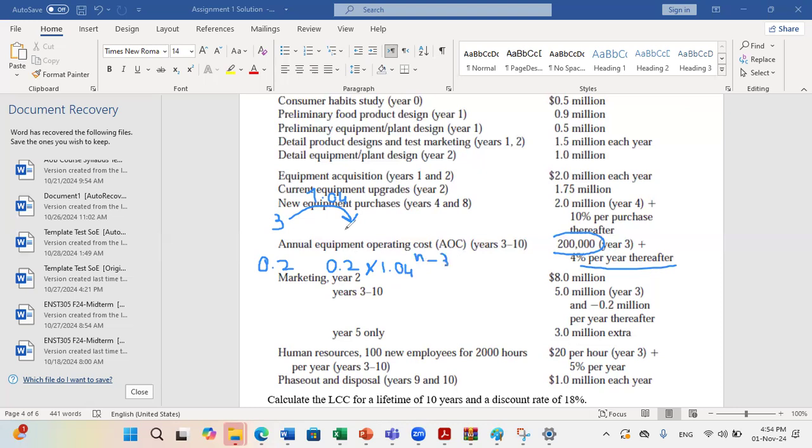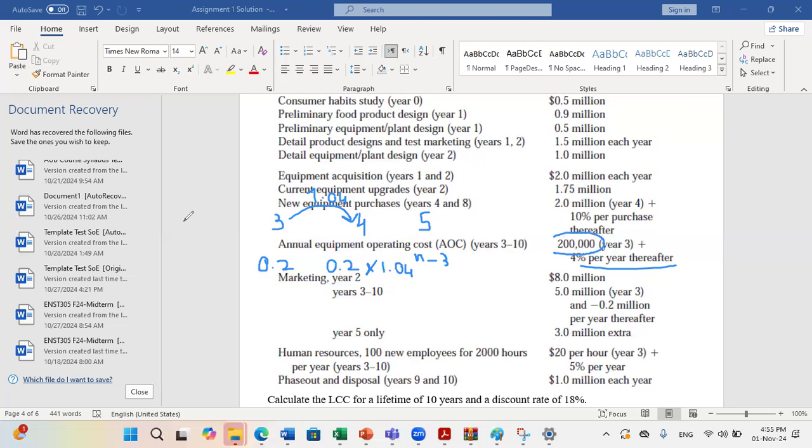So if you have, for example, year 4, you will just multiply by 1.04 to the power 1. For year 5, it will be 5 minus 3, so 1.04 to the power 2. And in Excel, you write the formula once, and then you can find costs for all remaining years. Okay, and if in the exam you have just to do calculations for 2 years or 3 years, you can do it in this way.